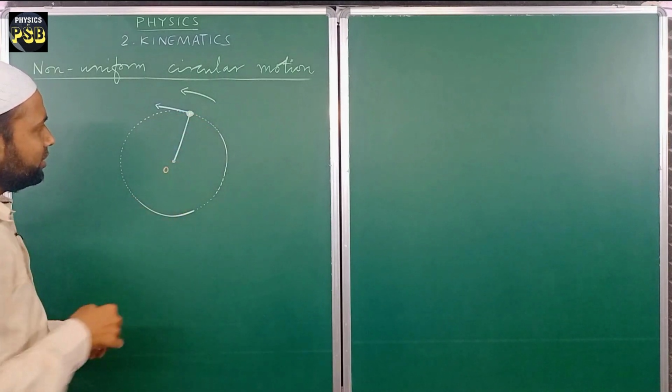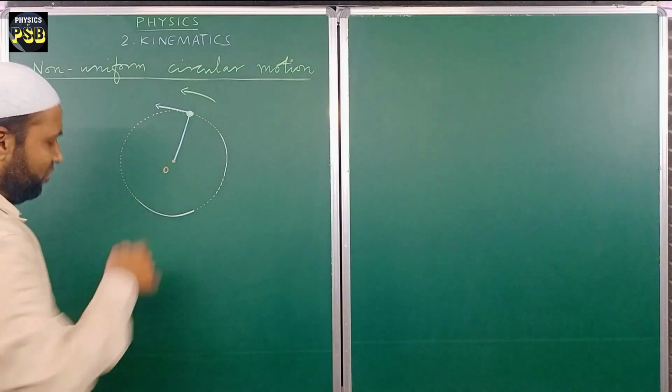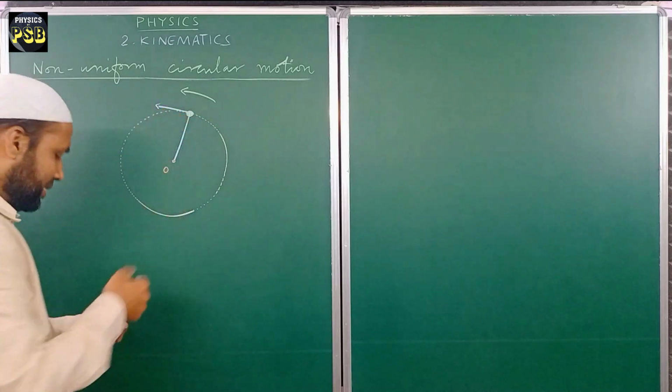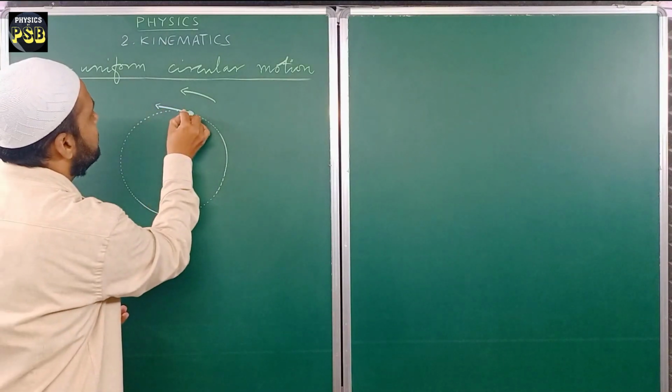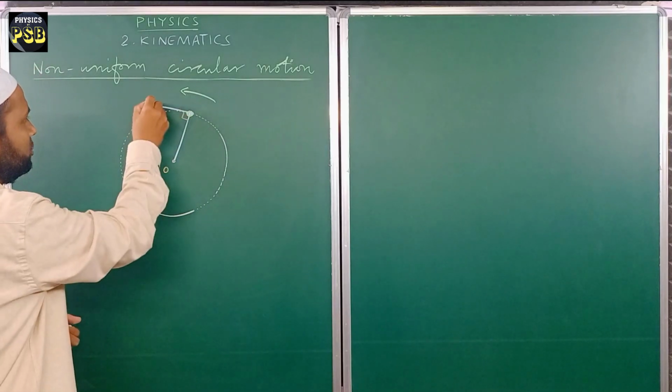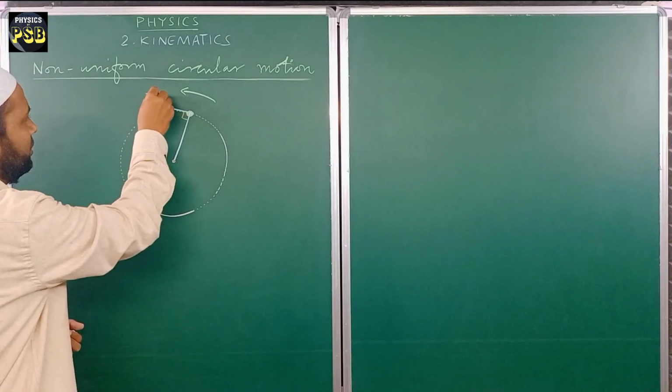Now if you look at this carefully, you will find that the angle between the radius and this tangent is 90 degrees. They are perpendicular to each other. And as I told you, this represents a velocity vector.